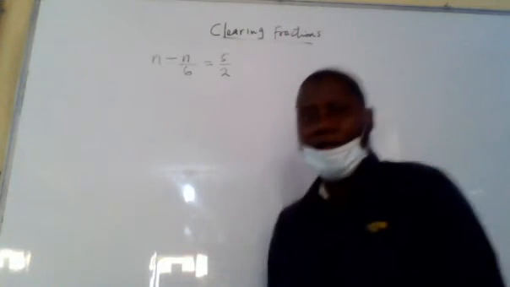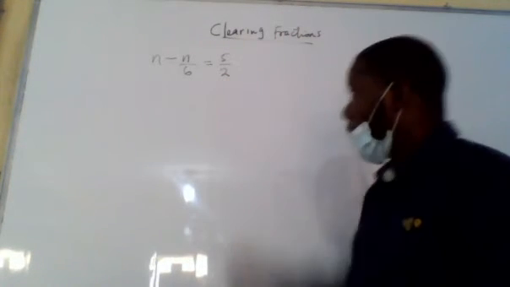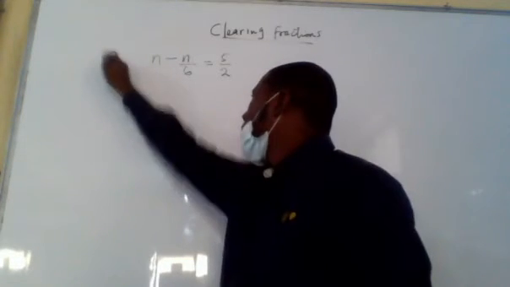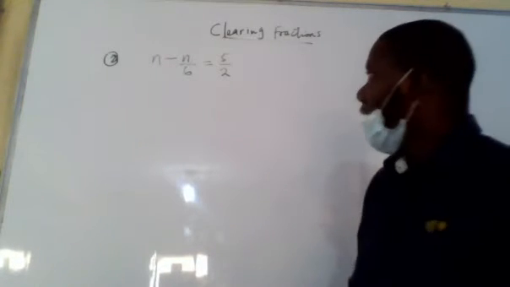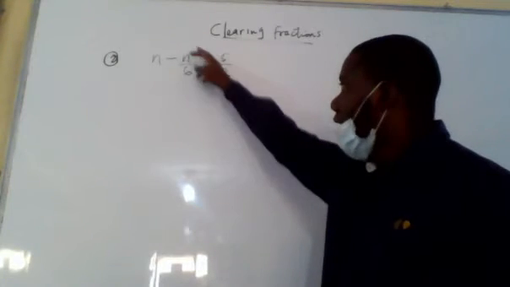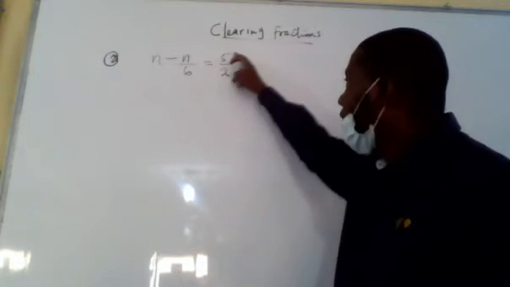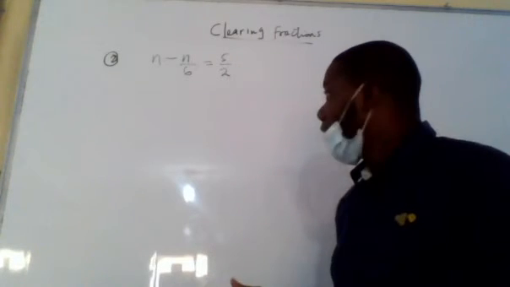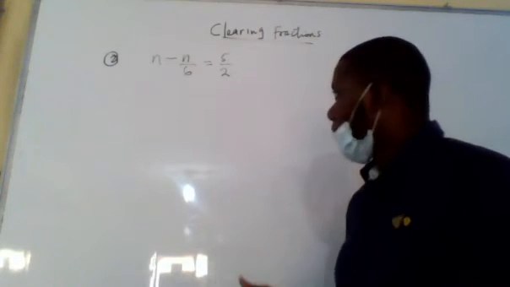You are welcome back. We have this problem to solve. Another question here for us, number 2. You have n minus n over 6 equals 5 over 2. So you look for the LCD. What are the denominators?